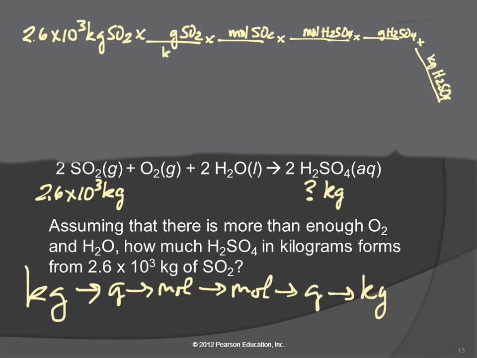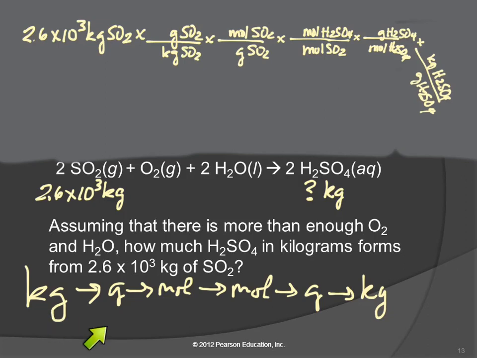So I'm going to put kilograms down here, SO2, and grams SO2 down here, and moles SO2 down there, and moles H2SO4 down there, and grams H2SO4. All things we've done before, it's just we're stringing them together in this one long thing.